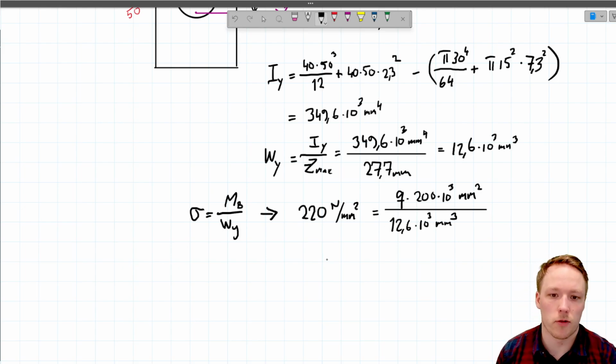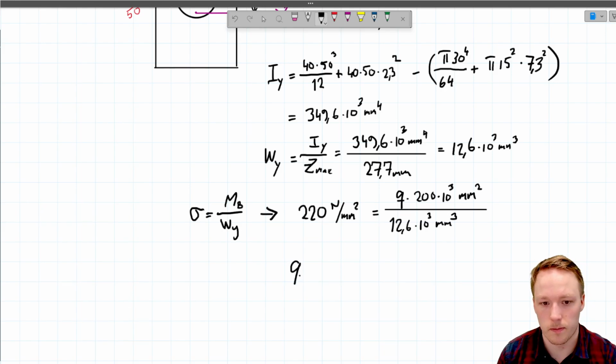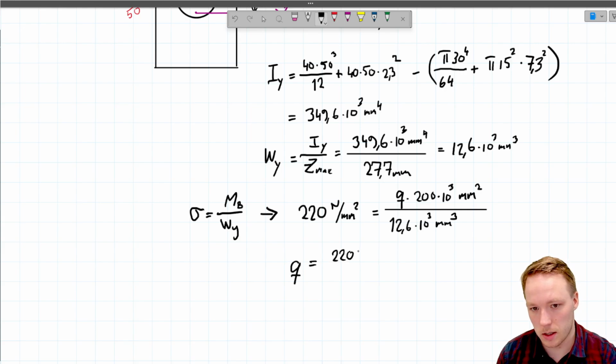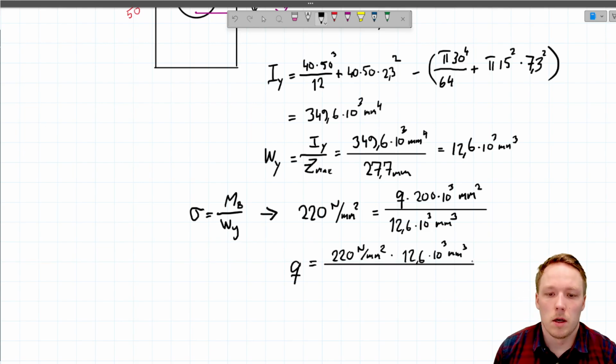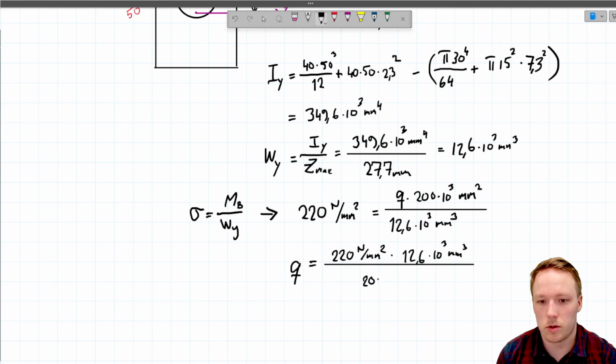And when we solve Q from this equation, we get Q is 220 times 12.6 times 10 to the power of 3 divided by 200 times 10 to the power of 3.